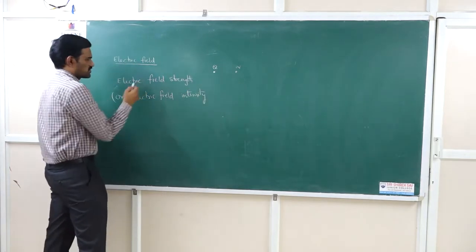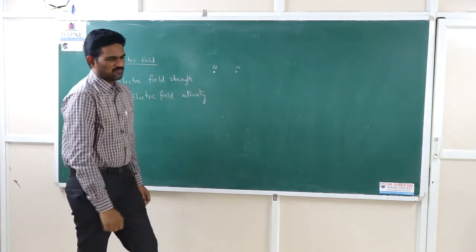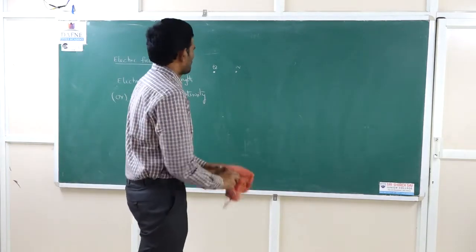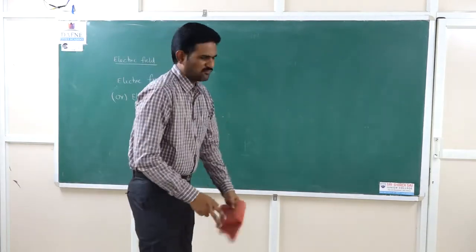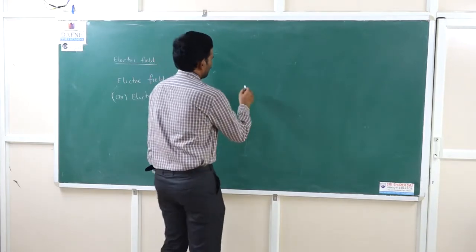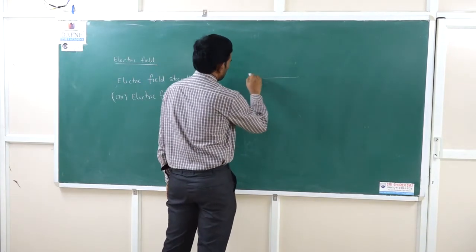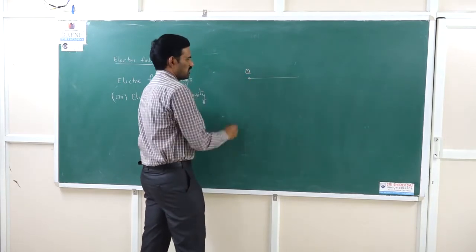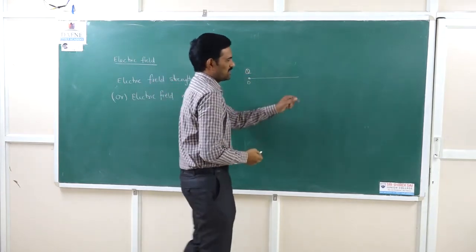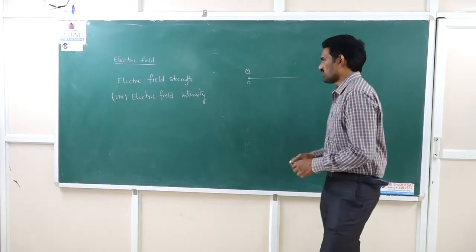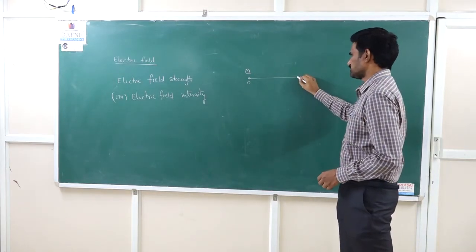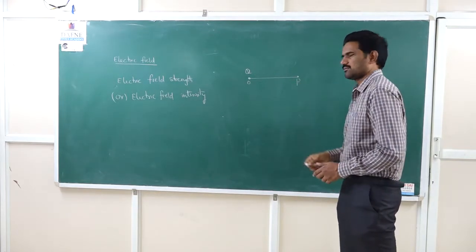This is again similar to our gravitational field strength. Now suppose here this capital Q is fixed at this point O, let us consider. Now we are going to define the electric field strength at some point P.